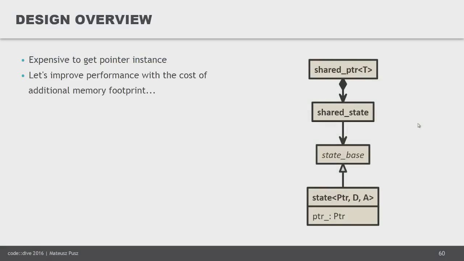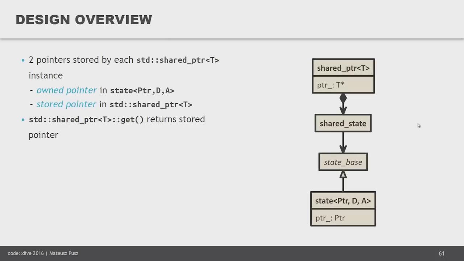So another dynamic dispatch every time you want to dereference a shared pointer. It's not effective, yes? That's why it was decided to optimize the performance at the cost of the memory footprint and provide another T inside our hierarchy.